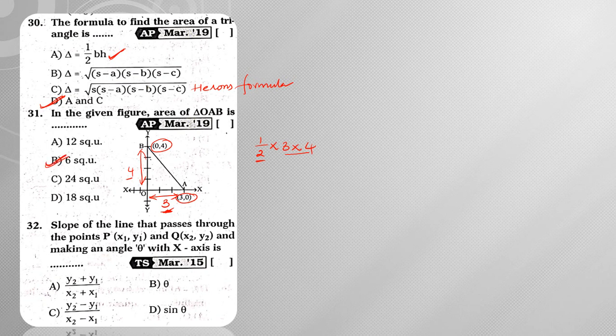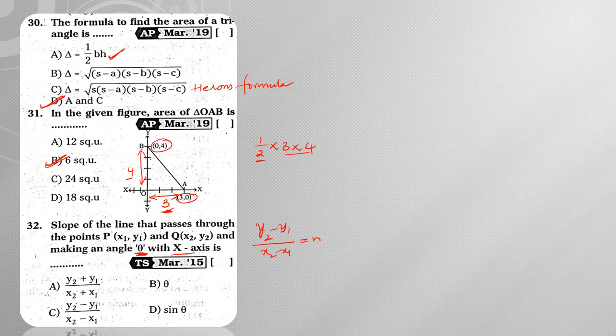Next, the slope of the line that passes through the points P x1 comma y1 and Q x2 comma y2 and makes an angle theta with the x-axis is. So what can we say? It is given by y2 minus y1 by x2 minus x1.